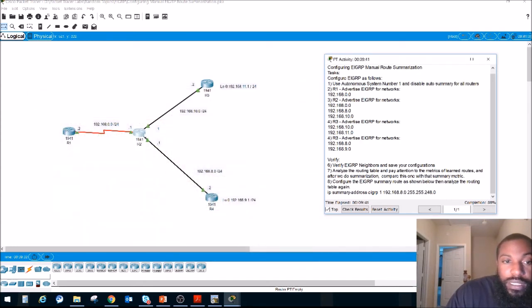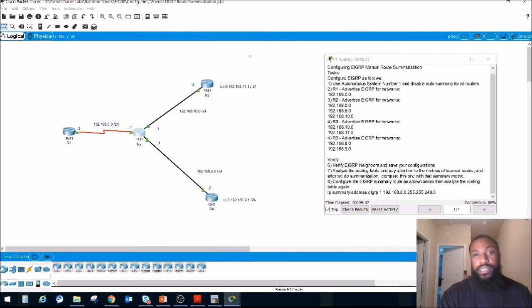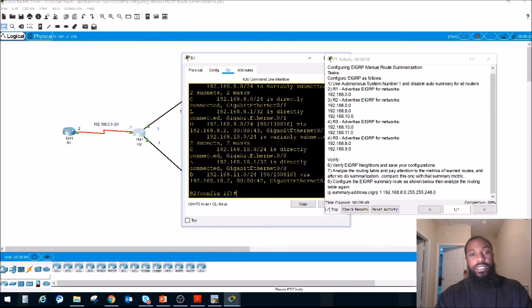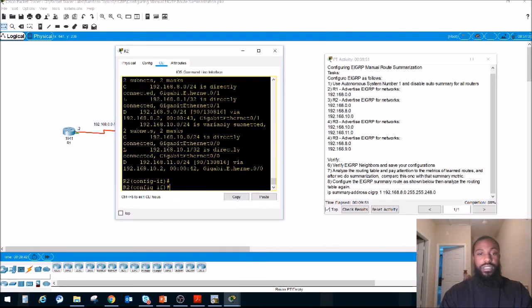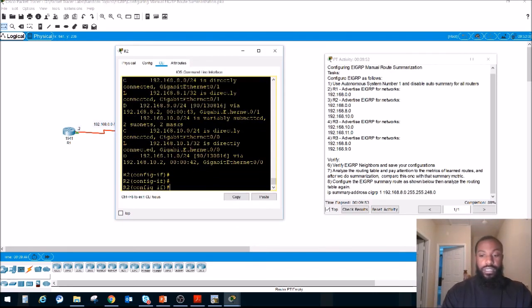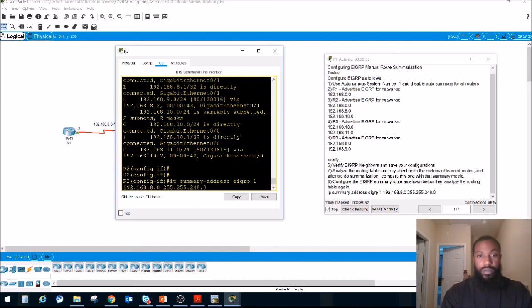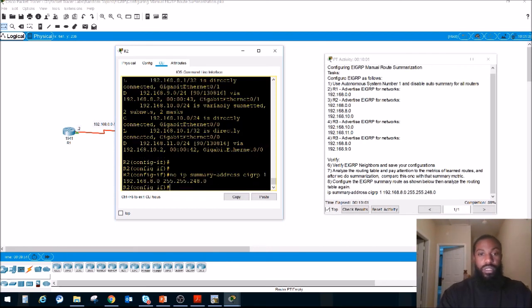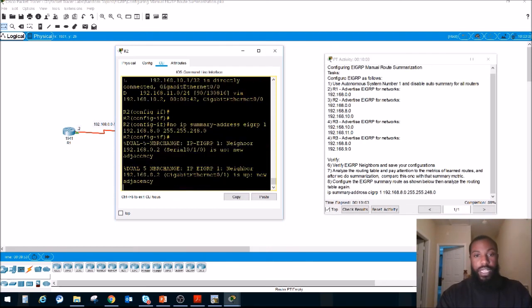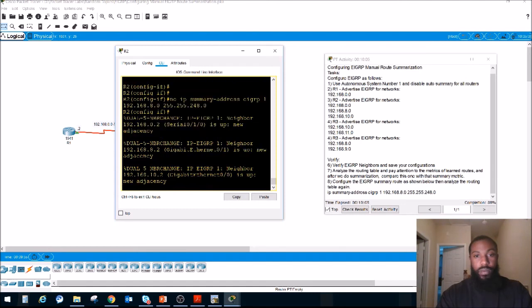You know what? I believe we got to put that summarized address in router 1. So let's fix that. We are bouncing EIGRP with this.